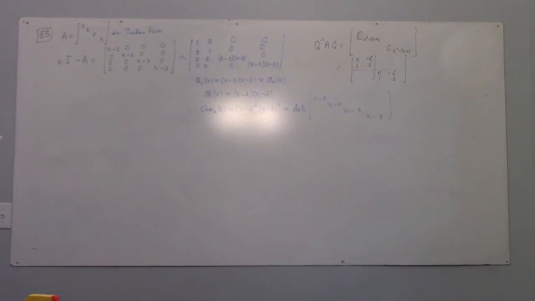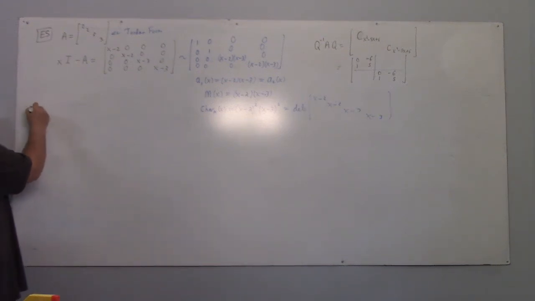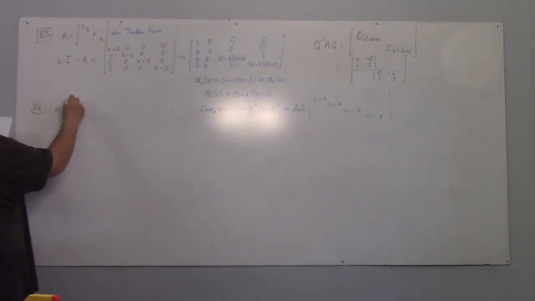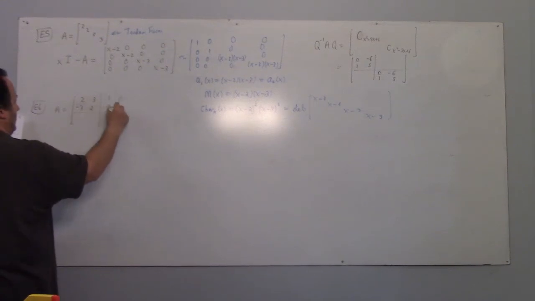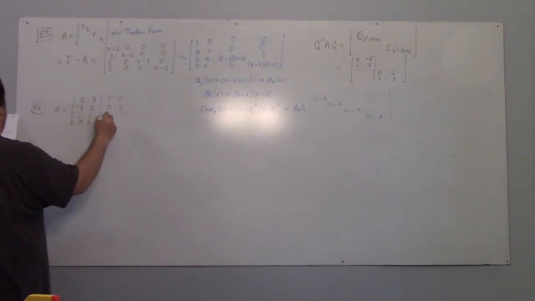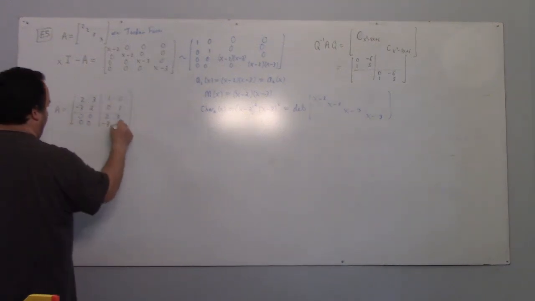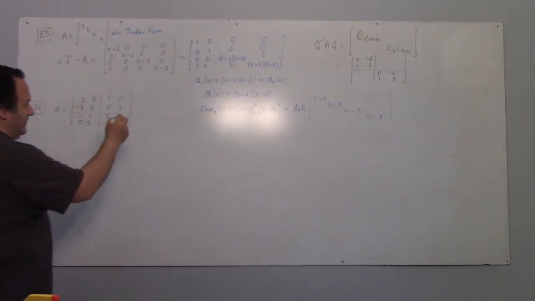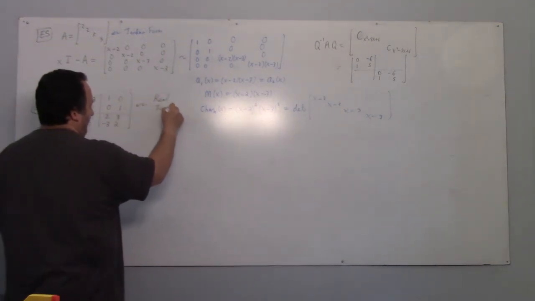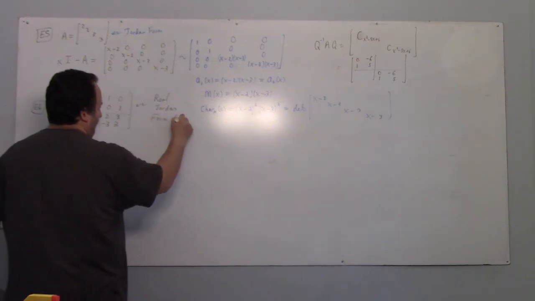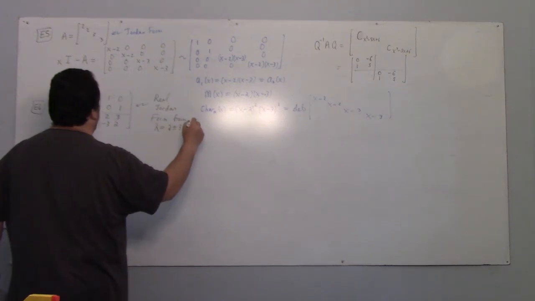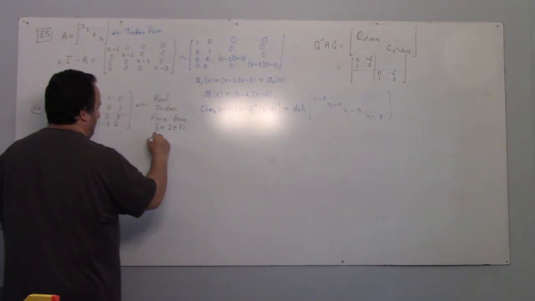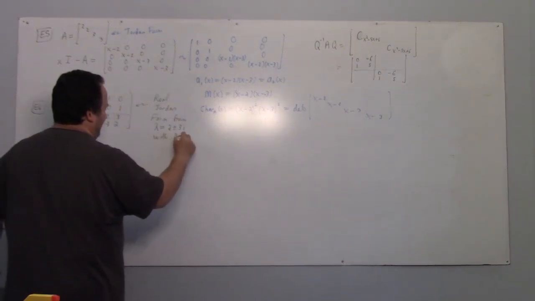Let's see here. Example 6. So I'll tell you, this is the real Jordan form, from lambda equals 2 plus or minus 3i, with one generalized eigenvector.